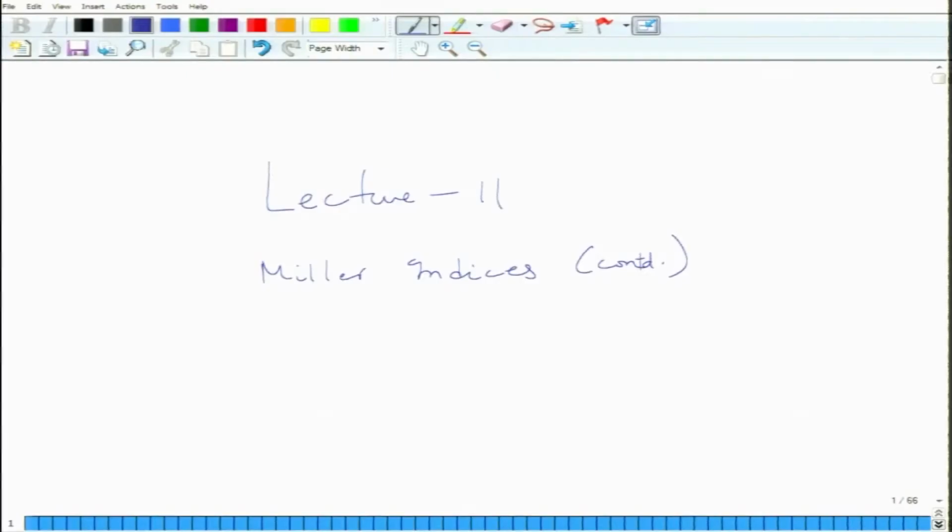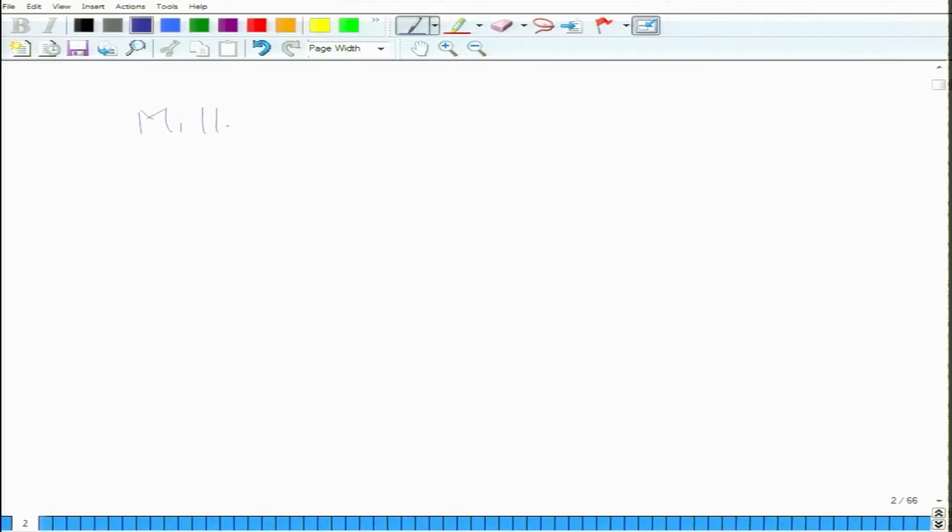Okay, so we start this lecture 11 today, which is again on Miller indices. We will continue some part of the previous ones before we move on to the Miller indices for directions. So, last lecture we were talking about Miller indices for planes, and you also have Miller indices for directions.